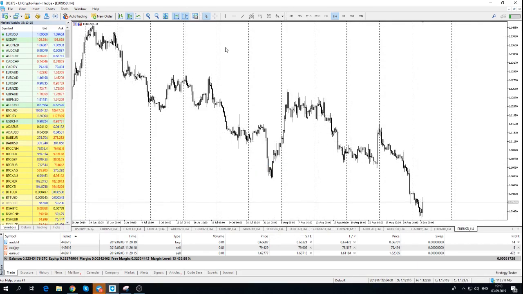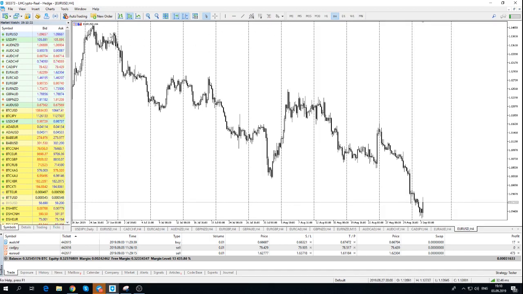First of all, we can see a lot of things here. I don't want to tell you about it now, because it's about analysis. Right now we are creating a guide for the MetaTrader 5 trading platform.